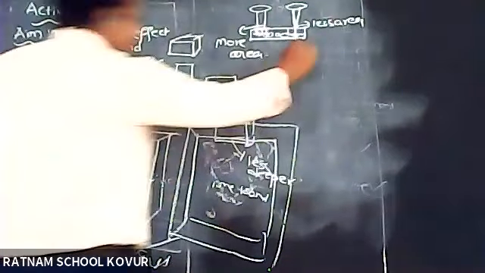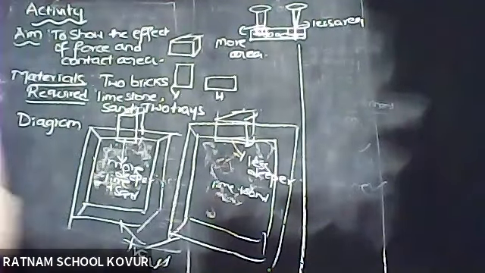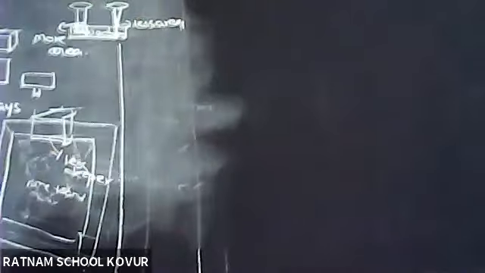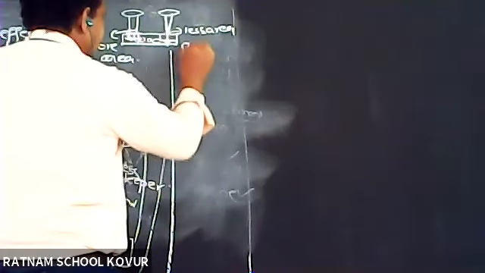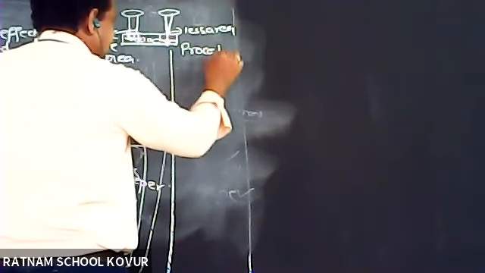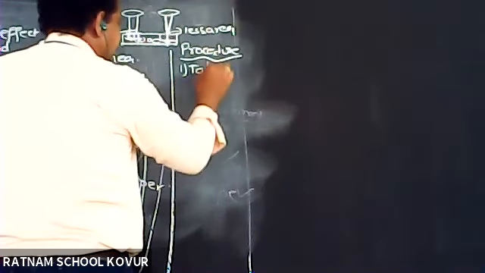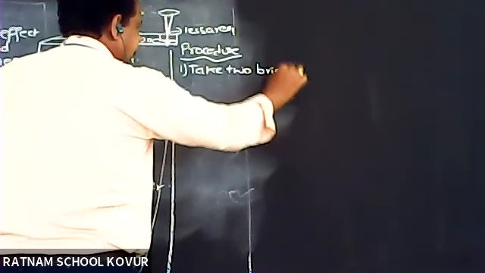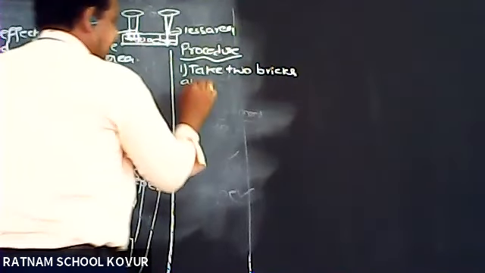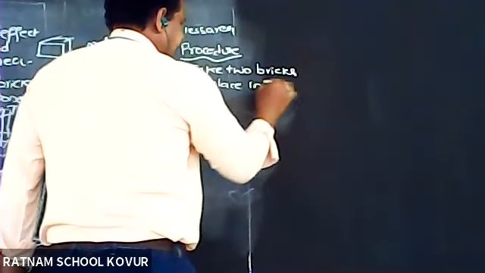In the same way here, let me write the procedure. Procedure. Take 2 bricks and place in 2 trays.